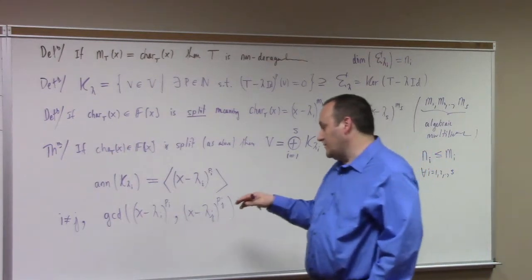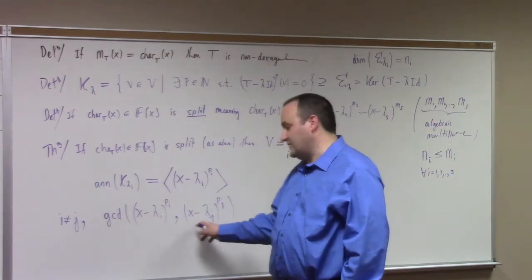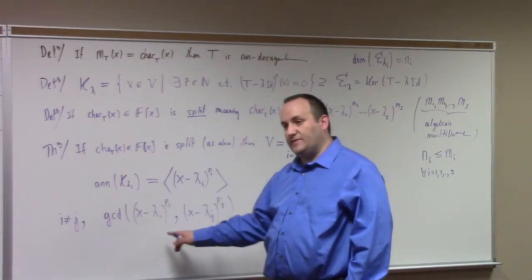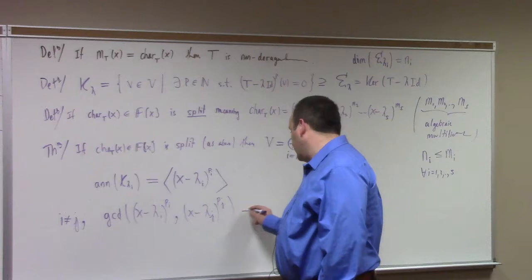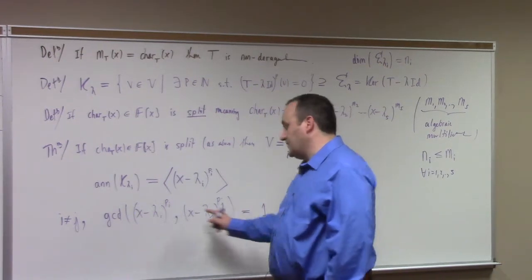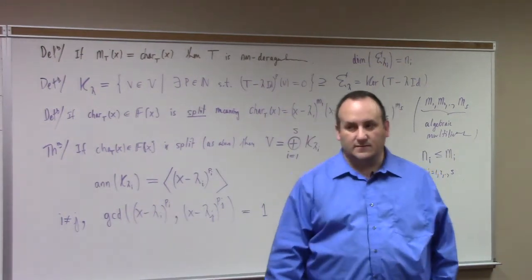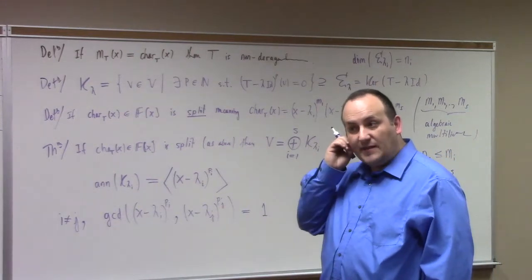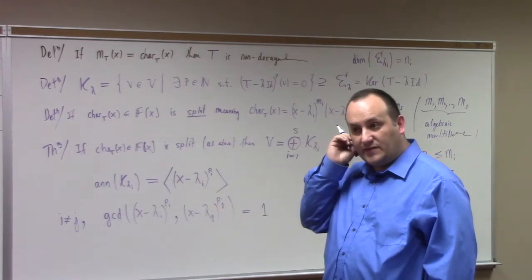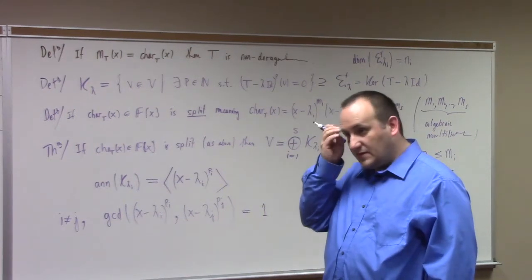And I would argue that if you have distinct eigenvalues, then these prime powers, what's the greatest common divisor? It's 1, right? These are relatively prime powers. I mean, in other words, these are distinct primes, x minus lambda I and x minus lambda j. These are distinct.